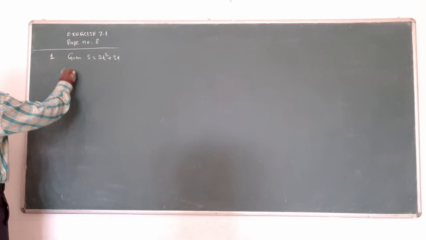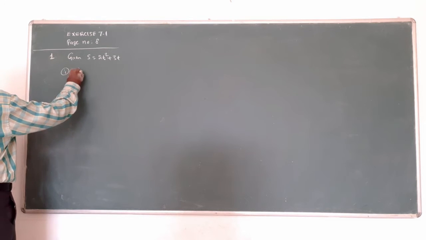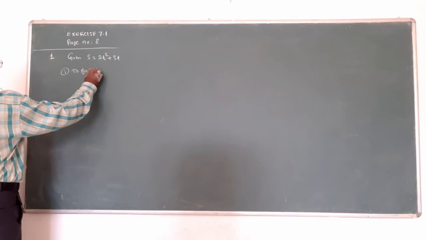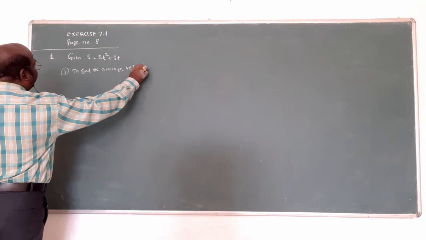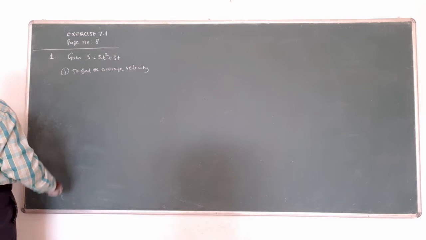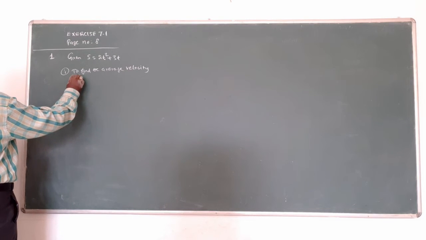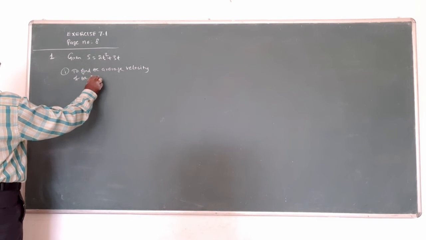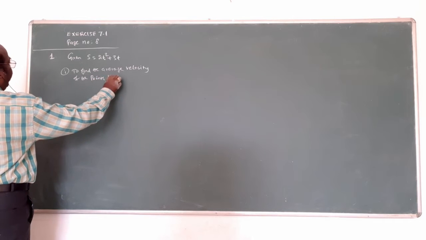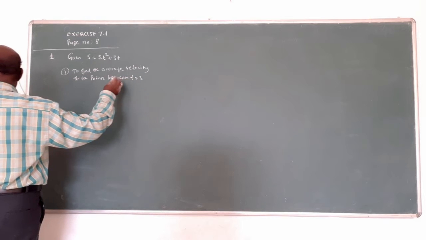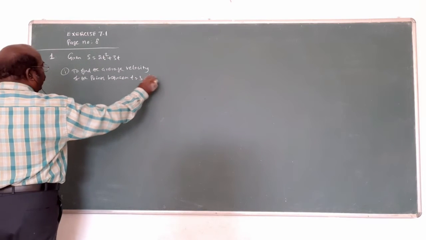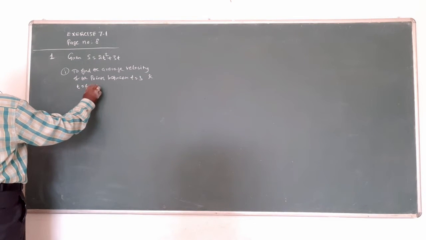What is happening? The first solution: to find the average velocity of the points between t equal to 3 and t equal to 6 seconds.